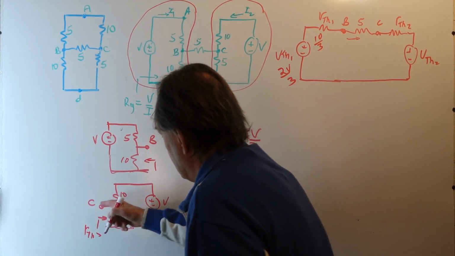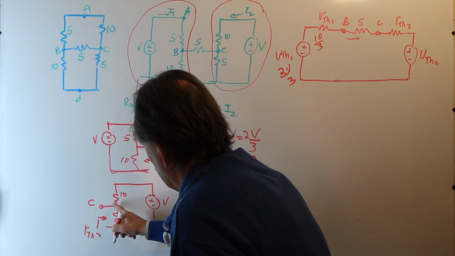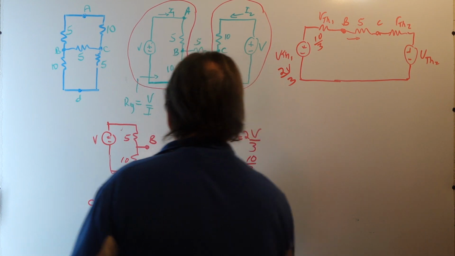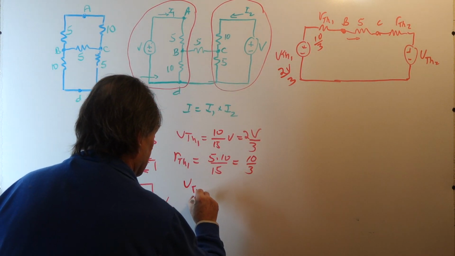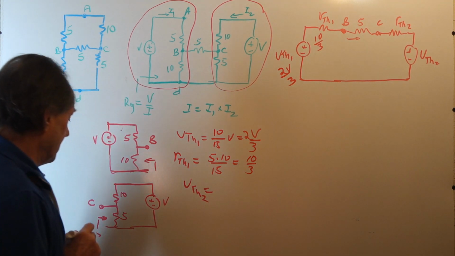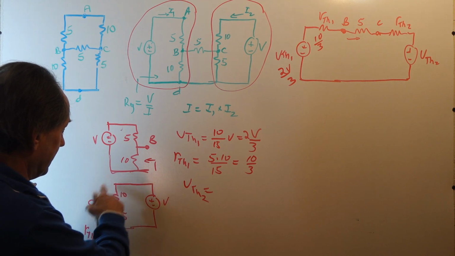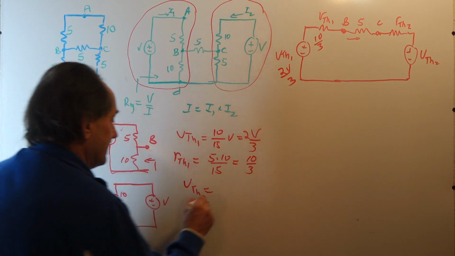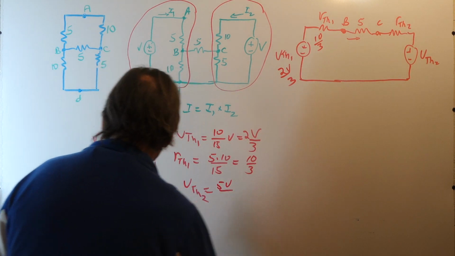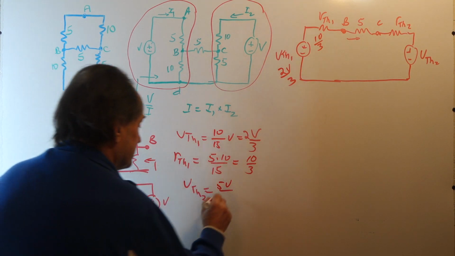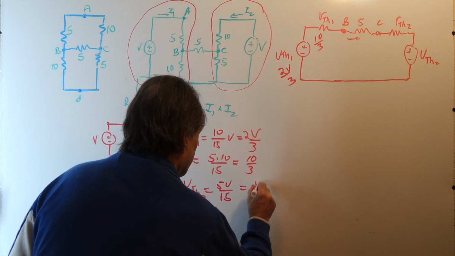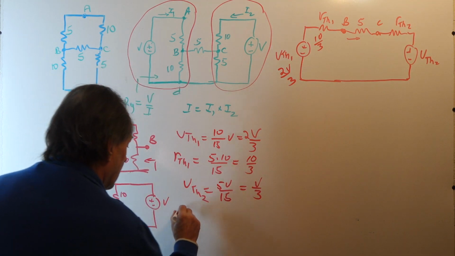And then we have the open circuit voltage of this network being VTH2. So let's first compute VTH2. VTH2 is just again the voltage divider. So we have 5V over the sum of the resistance, or 10, or V over 3.